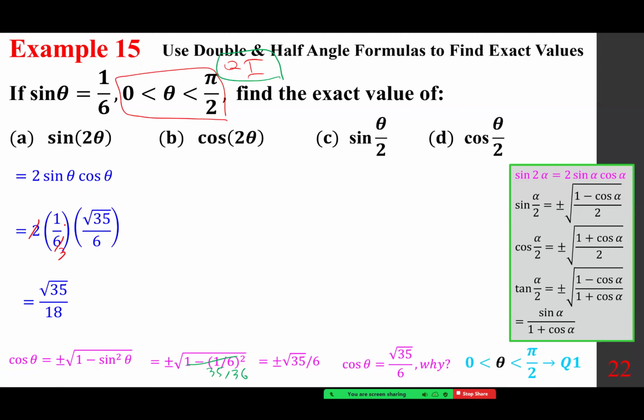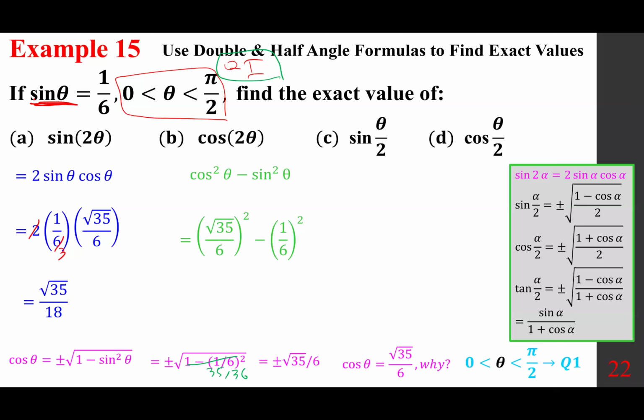Now, cosine 2 theta, it doesn't matter which formula you use, you have sine and you have cosine. Again, if you just had this one, I would use 1 minus 2 sine squared. I wouldn't even bother to find cosine squared. But I have both of them, it doesn't matter. Cosine squared minus sine squared, 1 minus 2 sine squared, 2 cosine squared minus 1. All of them give you the same answer.